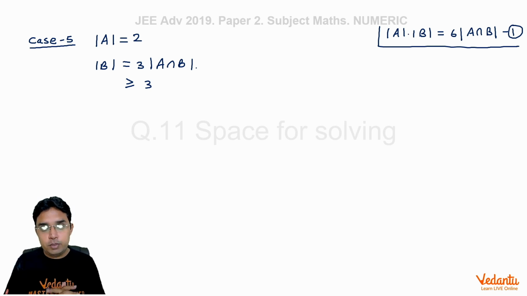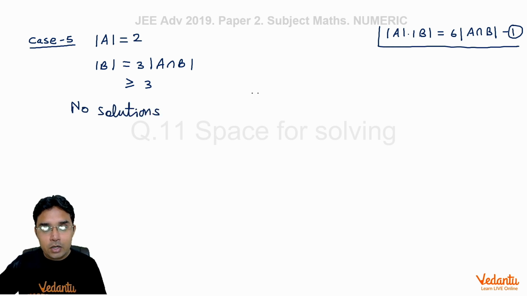That is not possible. A intersection B cannot be taken as 0, because in that case B will also have 0 elements, and also if A intersection B is 0, then they become exclusive events, which are not independent events. So this case is also giving us no solution.